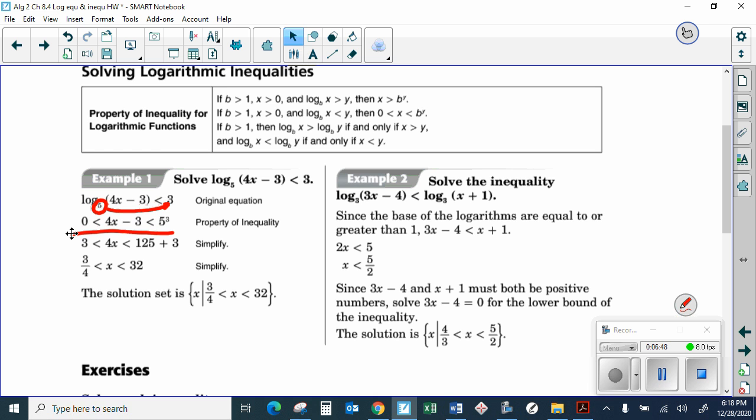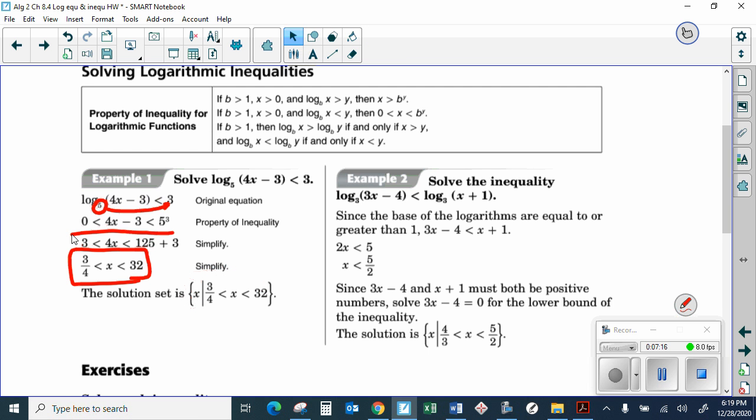So that's 125 plus 3 is 128 divided by 4 is 32. And add 3 across divided by 4, we get 3/4. So x is greater than 3/4 and less than 32. Solution set, call that because it's in set notation. Remember, I have these brackets like this. That's called set notation.